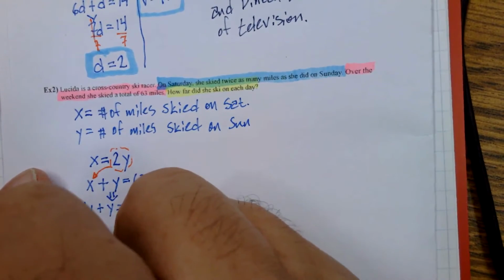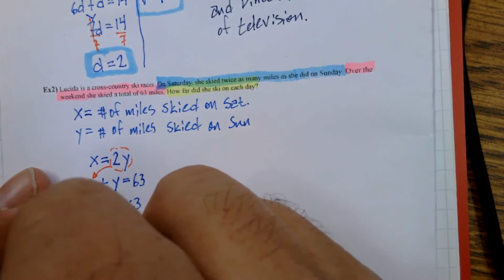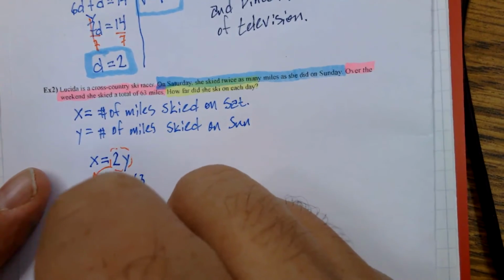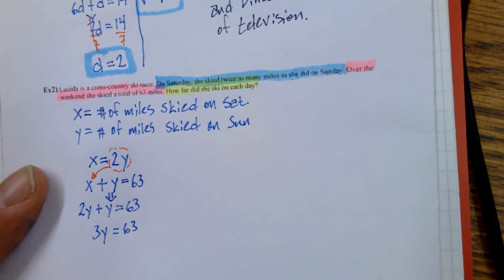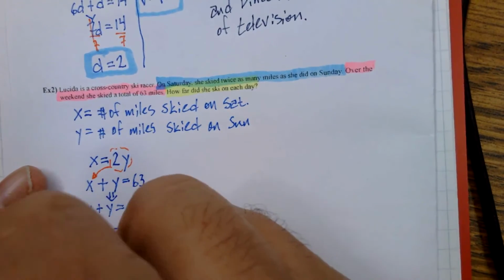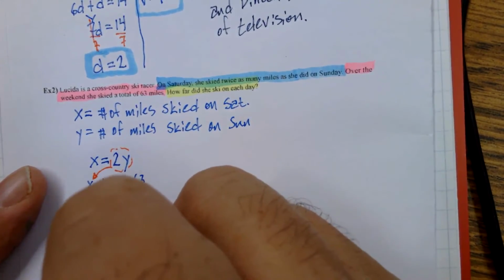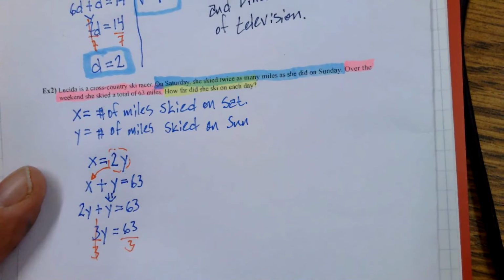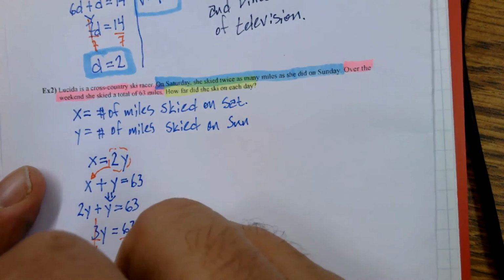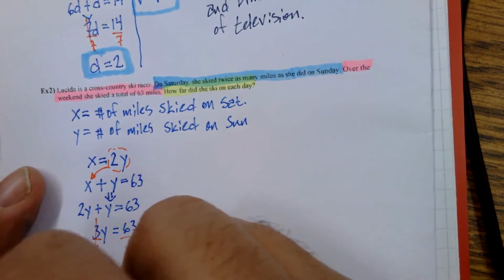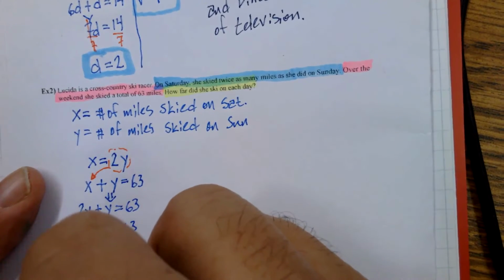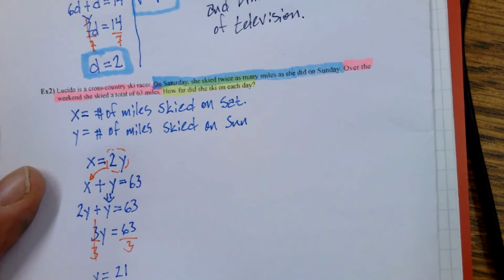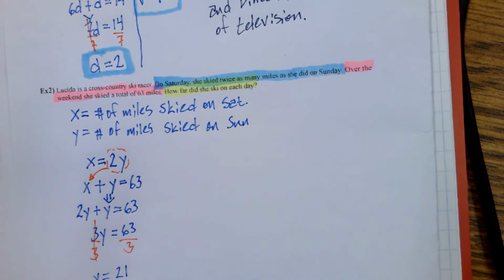Let's see, that's 3y equals 63. Divide, yeah. And so we get 21 there. Okay. So it looks like on Sunday it was 21 miles.